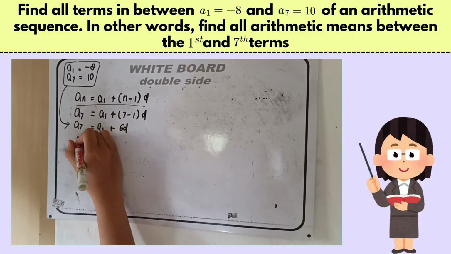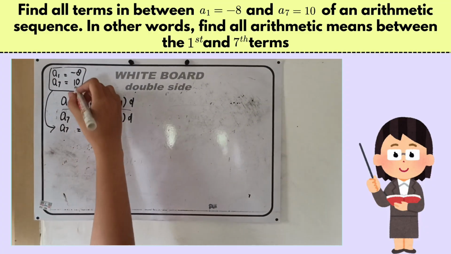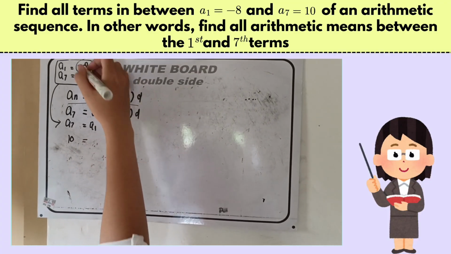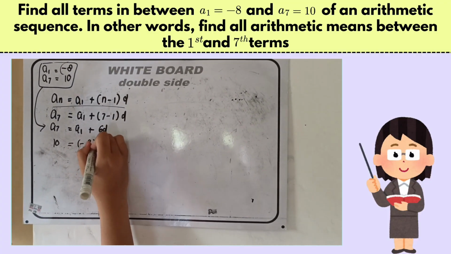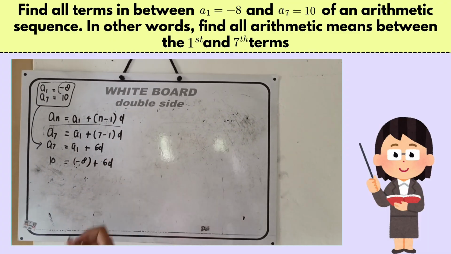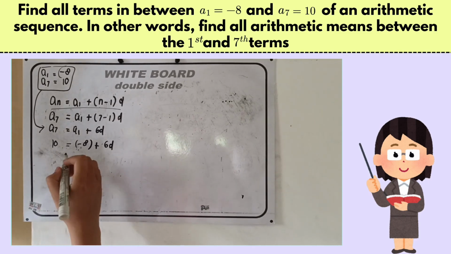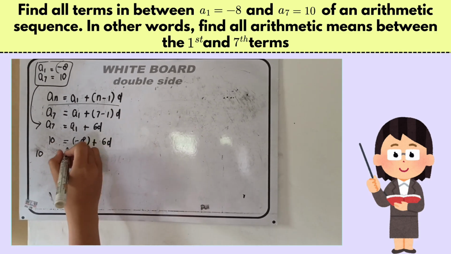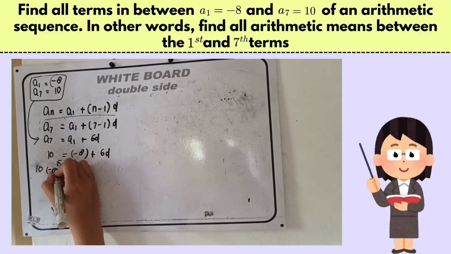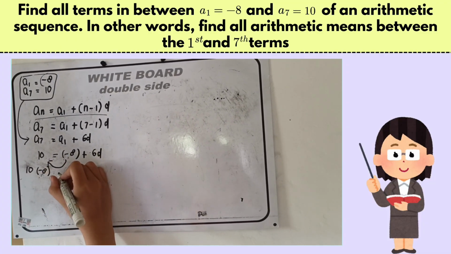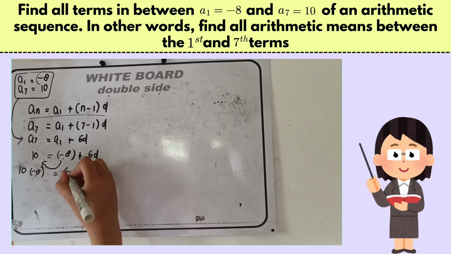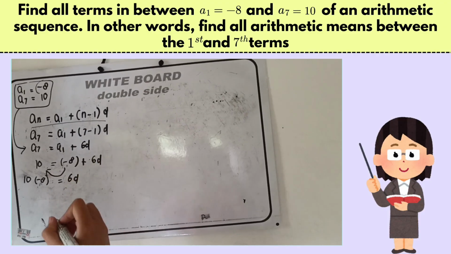Alright, a sub 7 is 10 equal a sub 1, which is negative 8, plus 6d.